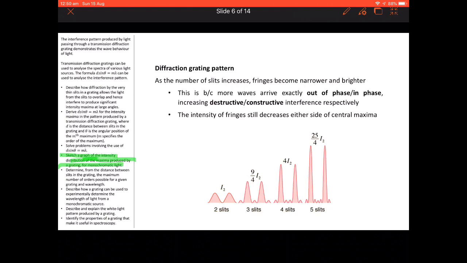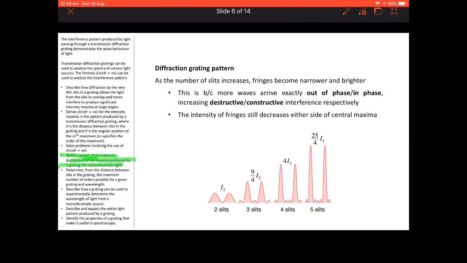The intensity of the fringes still decreases either side of the central maximum because there's a single source of light that this is being modulated by. There is a good image of this on page 315 of your workbooks, and it just shows that the more slits you have, the more intense the maxima will be, but the width will be smaller, and that corresponds with more destructive interference occurring.